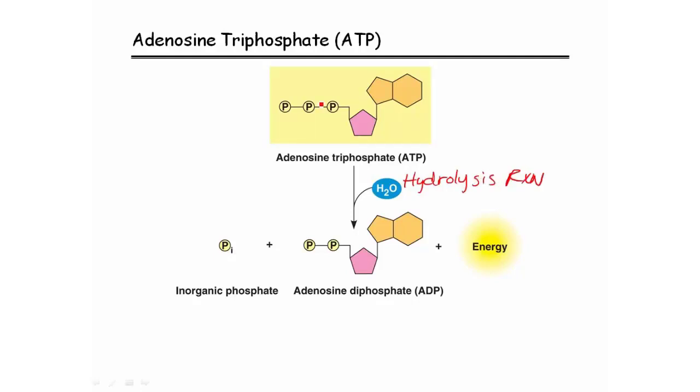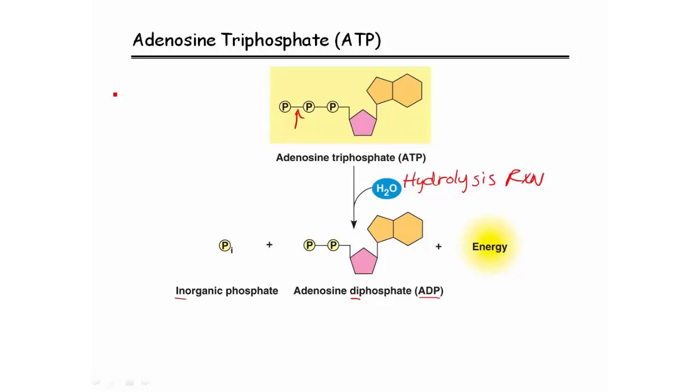In this hydrolysis reaction, we're going to take water and basically force it right in between those 2 phosphates, say between the second and the third phosphate. When we do that, one of the phosphates will come off, and we'll call that one inorganic phosphate because it's no longer connected to carbons and hydrogens. And then we also have what's left with 2 phosphates on it, which we call ADP. The DP stands for diphosphate because we only have 2 of them now.